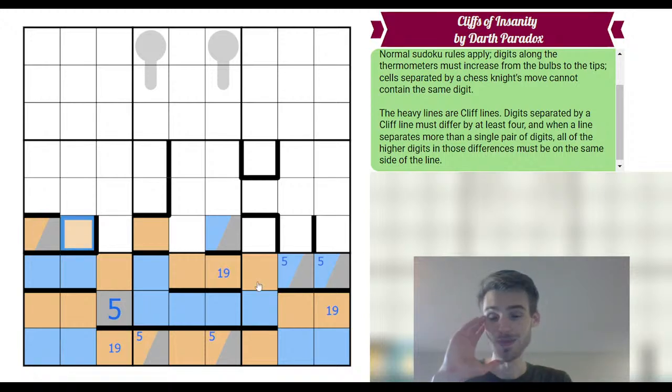This is why I hate knight's move. So this is blue, or it can't be gray, of course. So it's blue. Flash it?